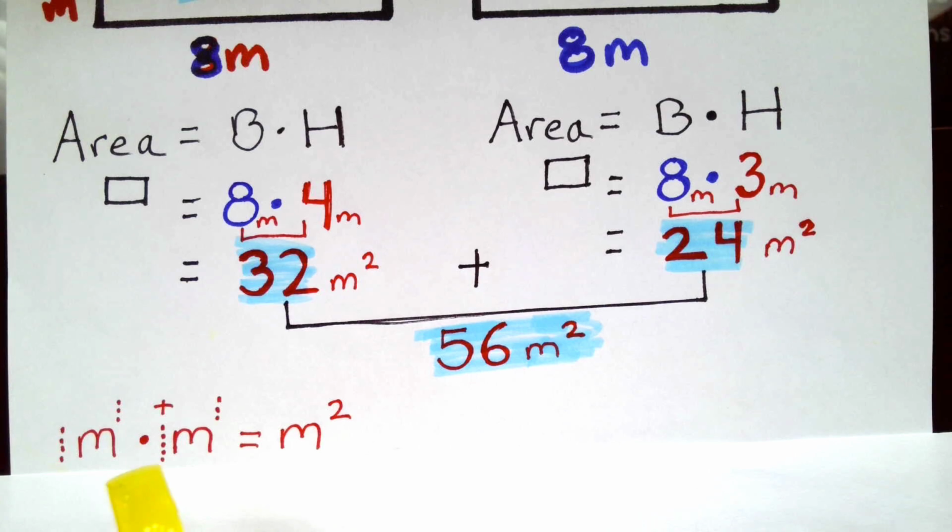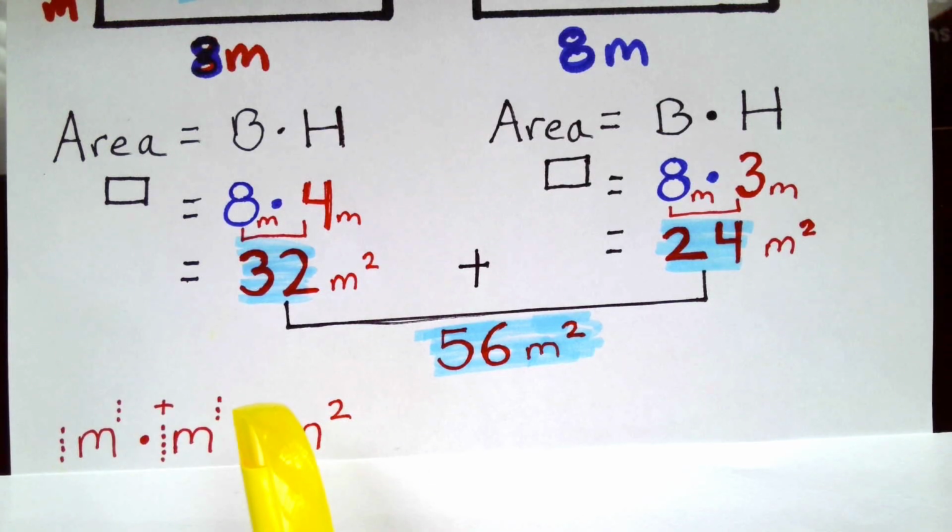So when you multiply, let's say x, y, z, a lot of times they don't show you these invisible ones. There's an invisible one in front of that meter unit value. There is also an invisible one in the exponent. The rule is when the base is the same and you multiply, you keep that base the same, and when you have exponents, you add them together. So 1 times 1 is 1 m.